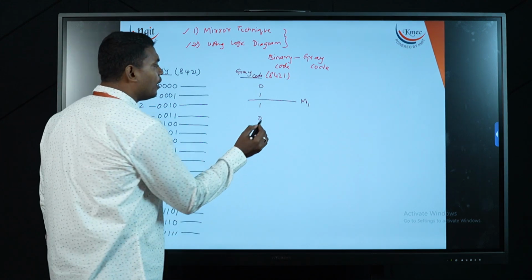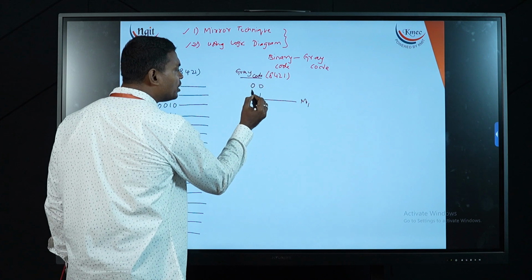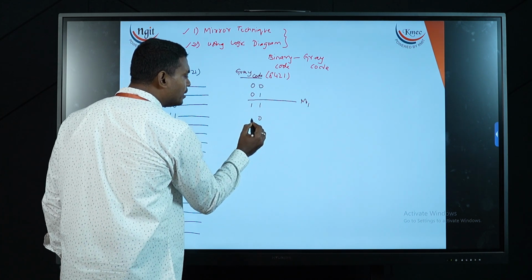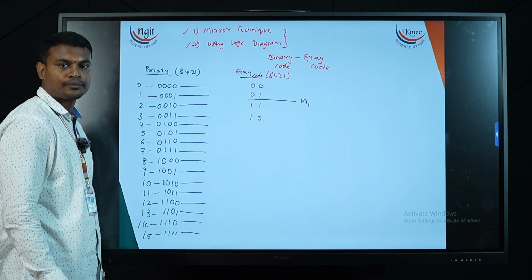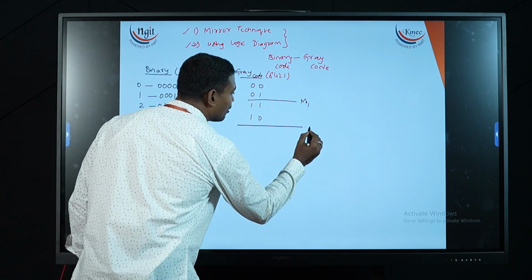Now after placing the mirror image, before the mirror place two zeros on the top and two ones at the bottom. Next again place a mirror, my mirror 2.